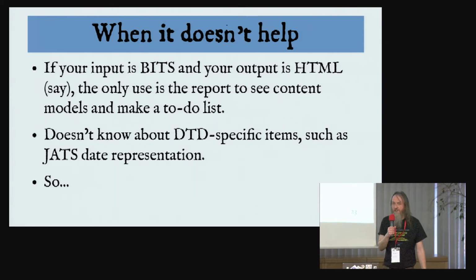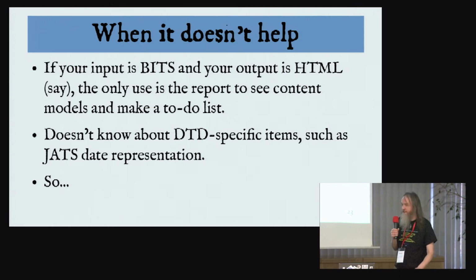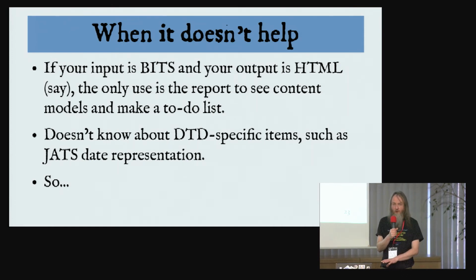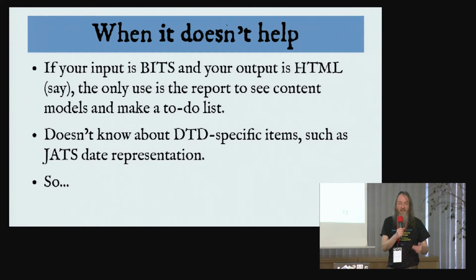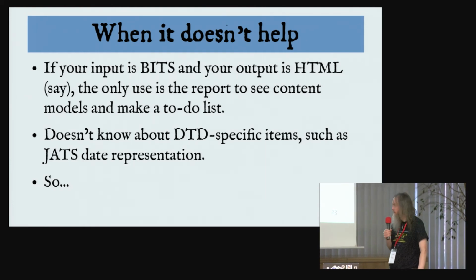There are circumstances where Eddy does not help. One of them is if your DTDs are not comparable at all, then it can kind of help to have Eddy make a report with the same input and output, because then you get the report and it helps you view the content models more easily than looking at the DTD.